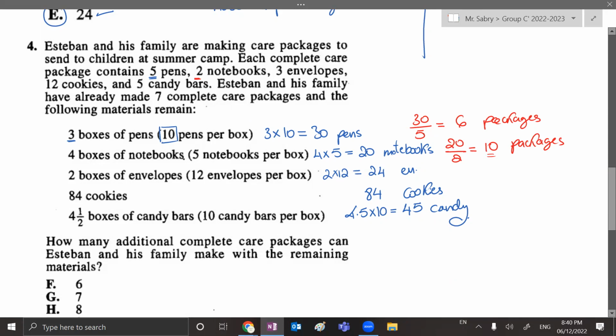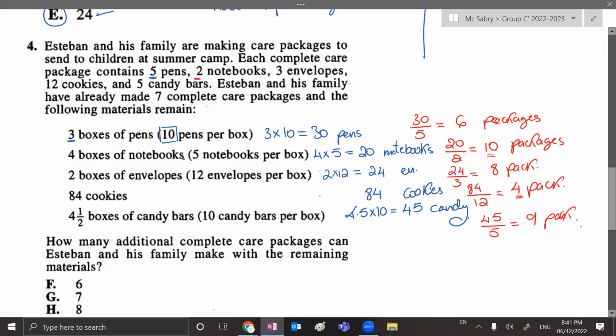So far I can cover only 6, but let's see if the other items will be enough for these 6 or not. So again I'll divide the 24, the number of envelopes, by the number of envelopes per package, which is 3. So I'll cover 8 packages. If I divide the 84, the number of cookies, by 12, I'll have 4 packages. Now they're becoming smaller. And then if I did 45 divided by 5, I'll have 9 packages.